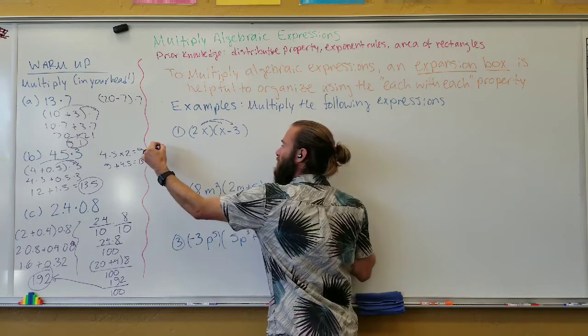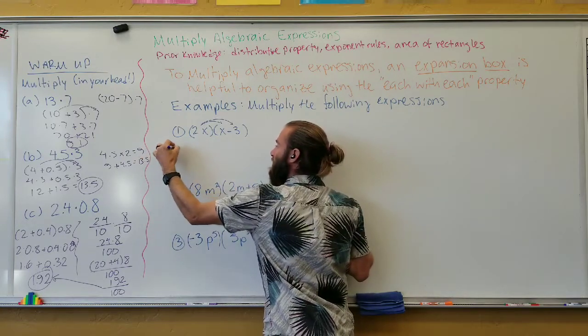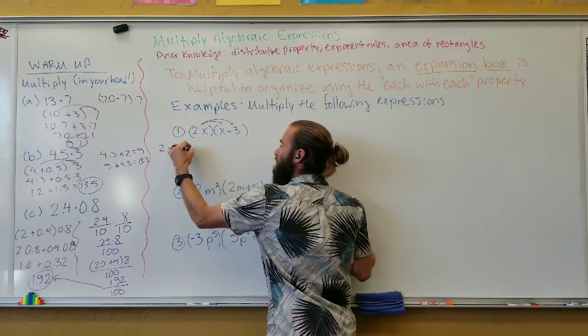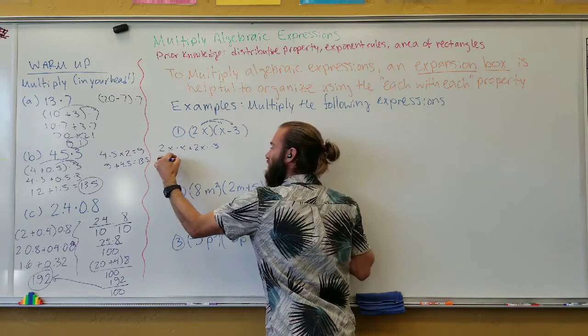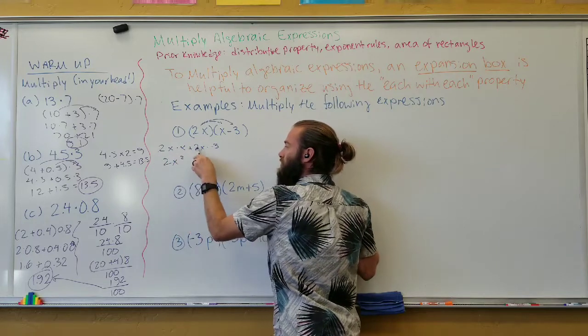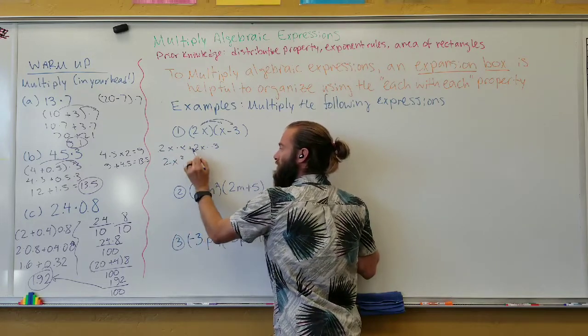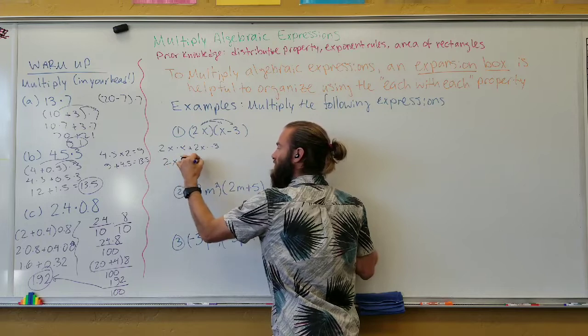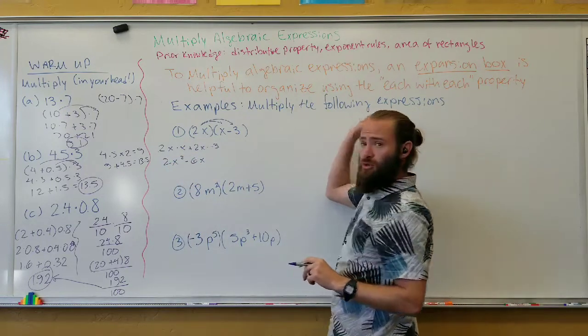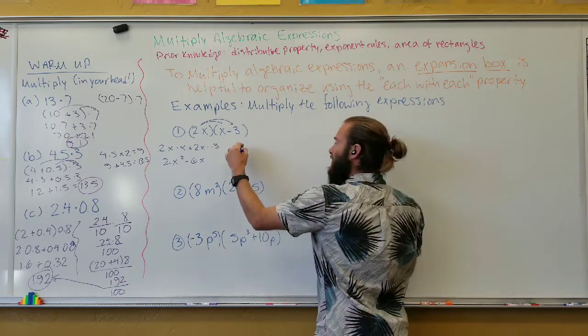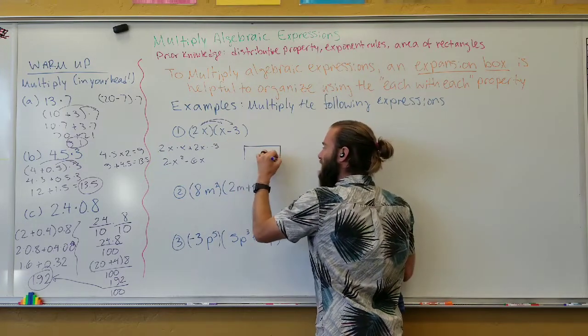So you may already be okay with knowing that this is 2x times x plus 2x times negative 3, which gives me 2x squared. And then 2 times negative 3, these can be multiplied to give me negative 6x, so 2x squared minus 6x.